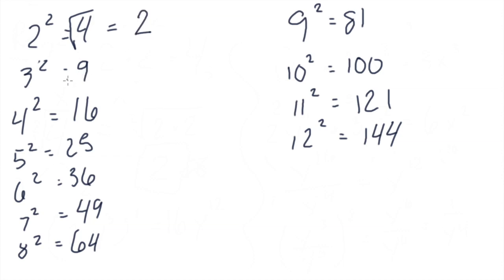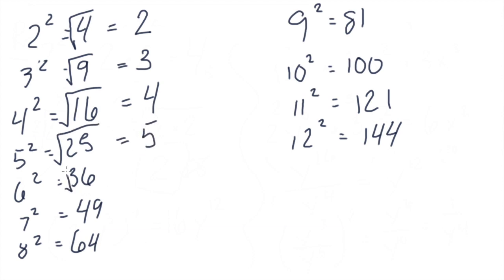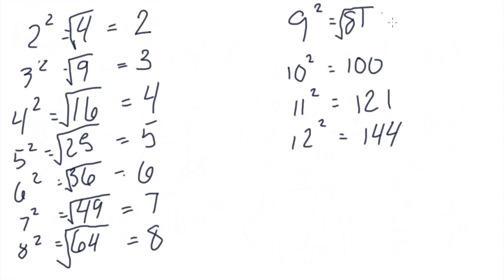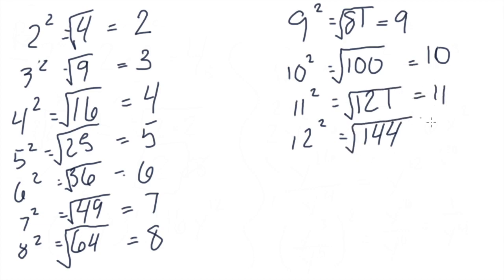So the square root of 4 is 2, square root of 9 is 3, square root of 16 is 4, square root of 25 is 5, square root of 36 is 6, square root of 49 is 7, square root of 64 is 8, square root of 81 is 9, square root of 100 is 10, square root of 121 is 11, and the square root of 144 is 12.